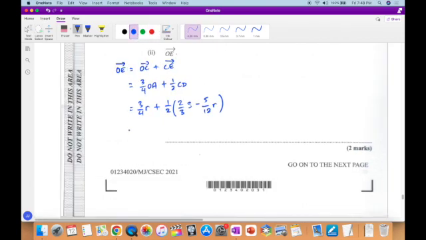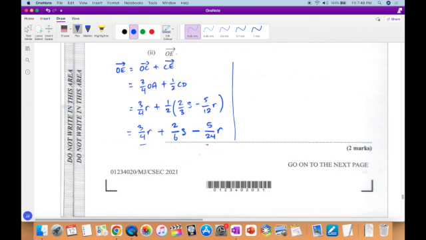This is 3 on 4 R plus 2 on 6 S minus 5 on 24 R. Now 3 over 4 minus 5 on 24 is 13 on 24.